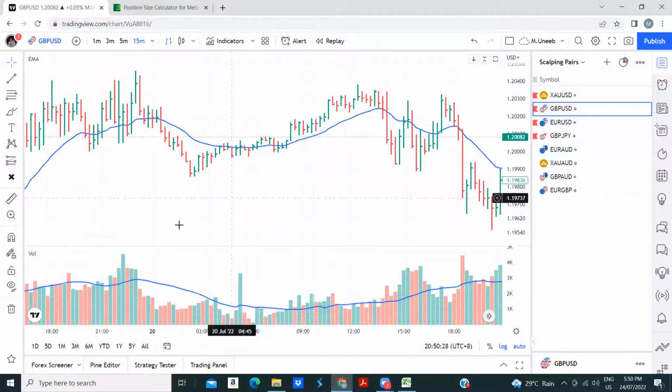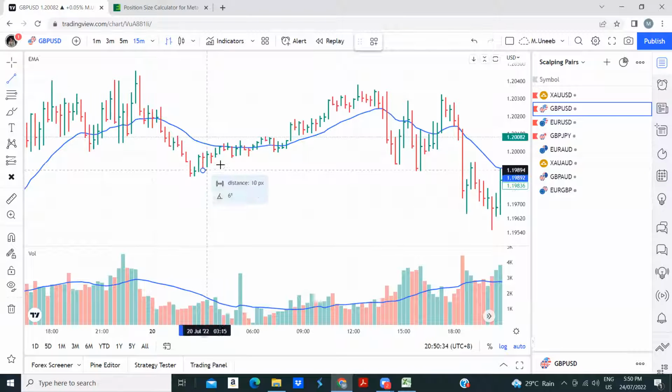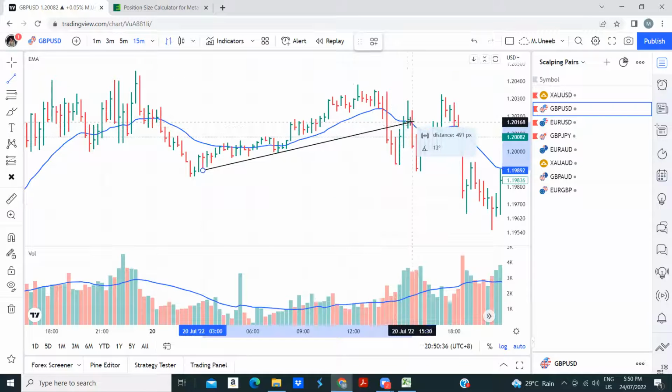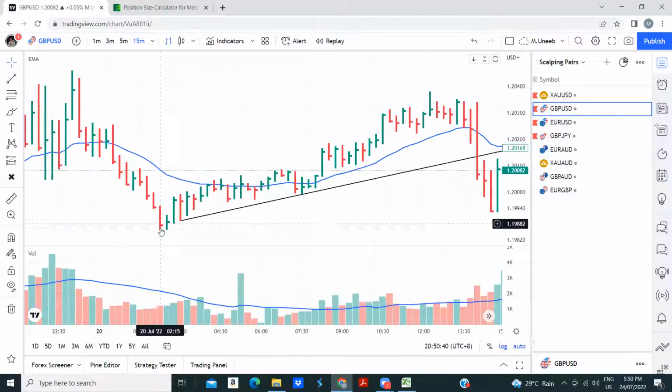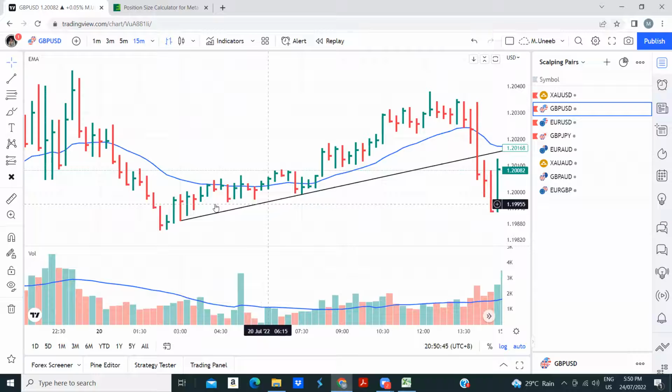How would you draw a channel across here, joining this first low, first higher low? Then we join this one, draw the line, and see how far it extends.